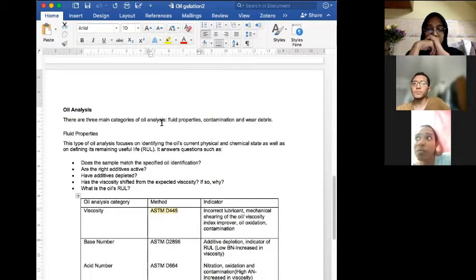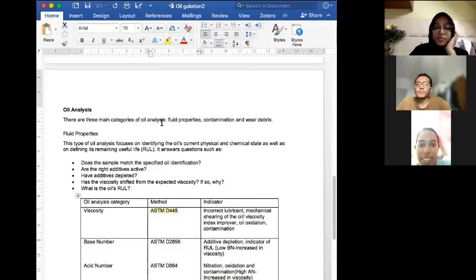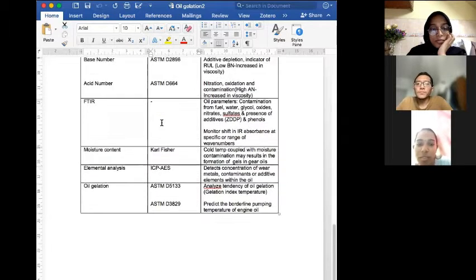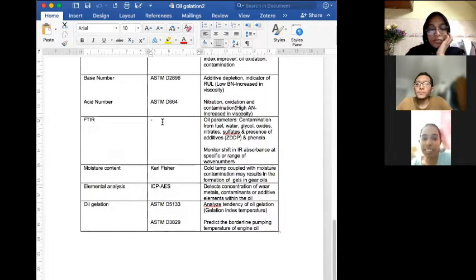And also maybe they tend to overlook, or I don't know whether they have this data, about what happens at low temperature. Scroll down, I want to show you something on oil gelation. This oil gelation has 2 tests. This test is to check the gelation index temperature, meaning at which temperature the oil tends to gelatinize.